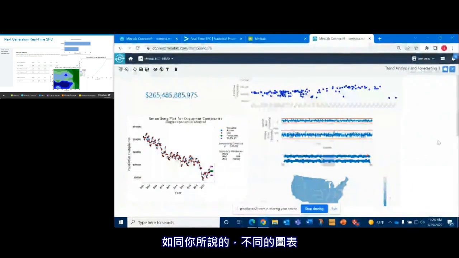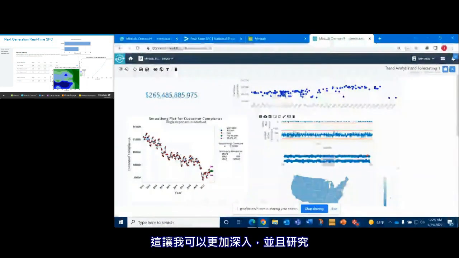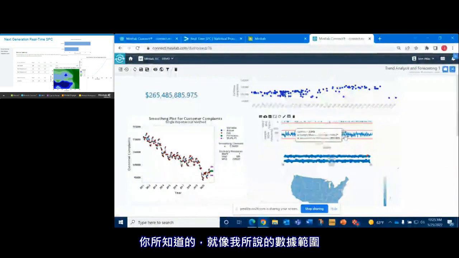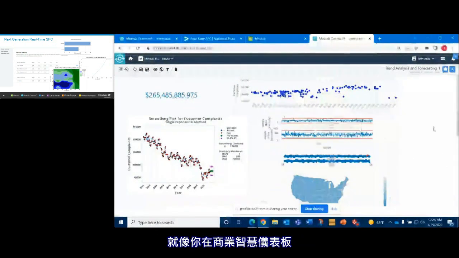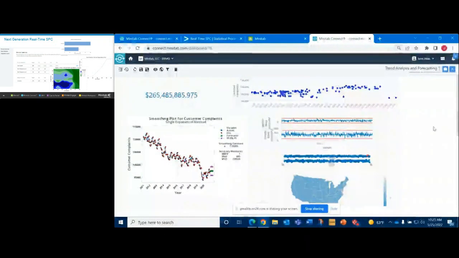And like I said, the different types of charts just depends on what it is you're monitoring, but that allows me to dig in and investigate and take a look at some ranges of data. And like I said, just like any other graphical or visual that you see within BI, control charts are a nice addition with a little bit more power behind them than maybe some of the traditional just time series plots.